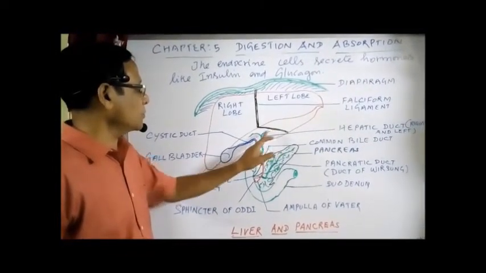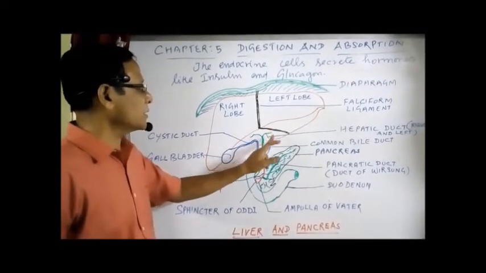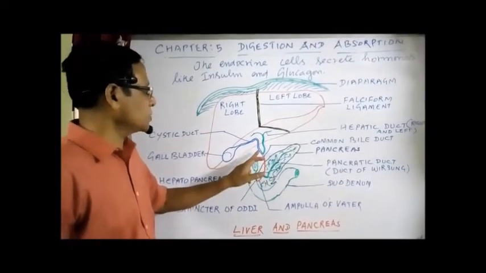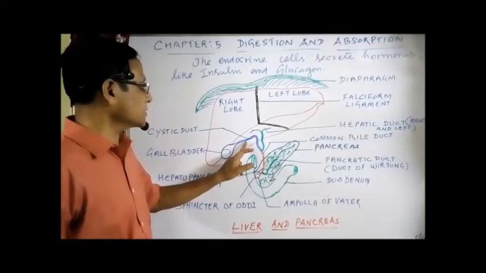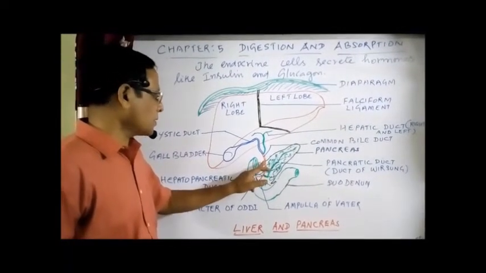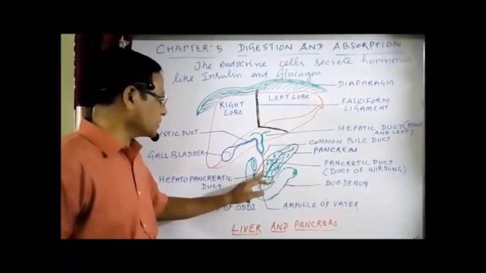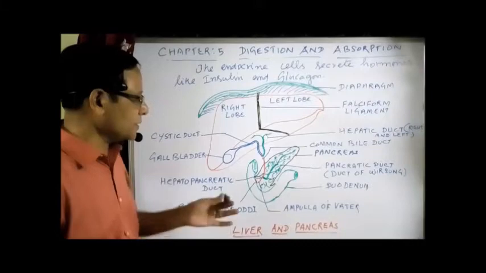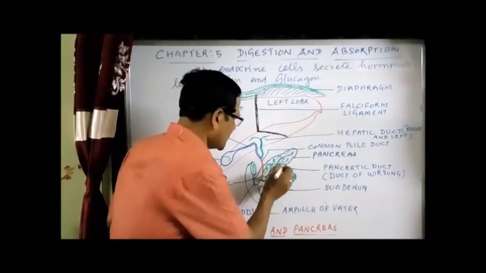Then from the liver lobes we have the right and left hepatic ducts. They join together and join with the cystic duct to form the common bile duct. Now the common bile duct passes downwards and joins with the pancreatic duct. This is the major pancreatic duct, otherwise called the duct of Wirsing.